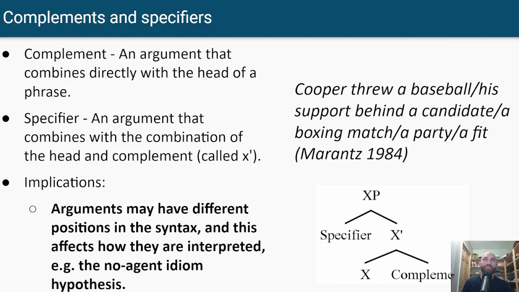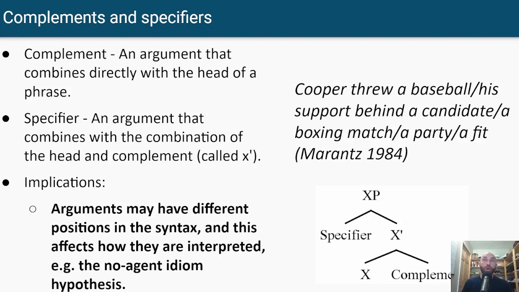They're all affecting the interpretation of the verb in a unique way, right? It's very different to throw a baseball than to throw a boxing match, or throw a party, or throw a fit. So we have all of these idiomatic meanings when verbs combine with complements, sometimes, with some verbs and in some cases.